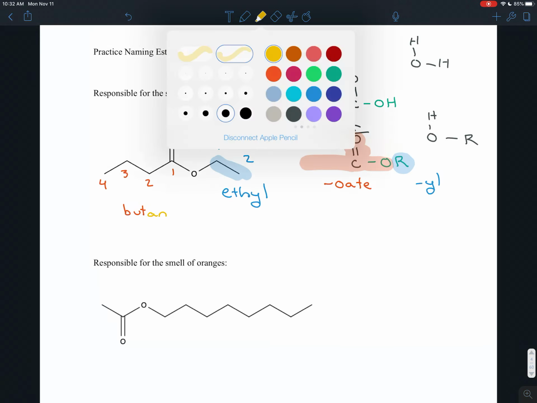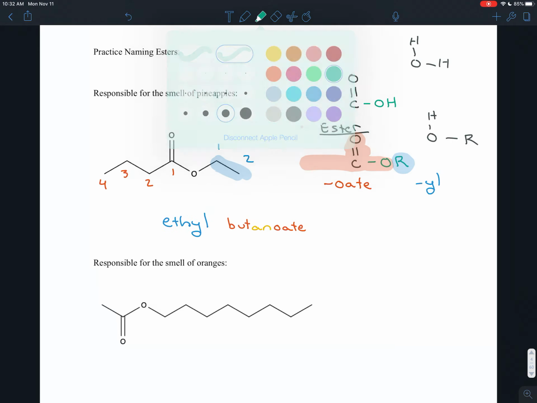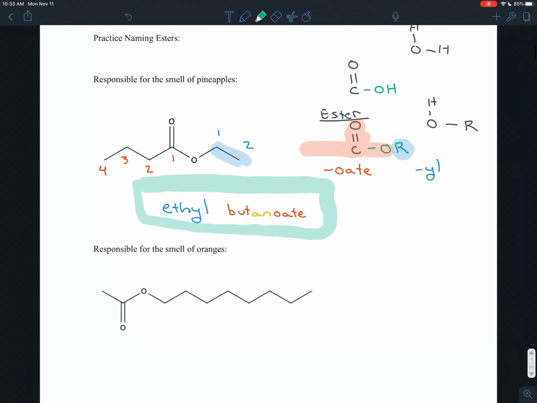And finally, we have an ester. We have a carbonyl with an ether on one side. That's an ester, and so the suffix that we're going to use here is -oate. So butanoate is the backbone name, and the branch name will be ethyl. So the full name for the compound is ethyl butanoate. The molecule that's responsible for the smell of pineapples is ethyl butanoate.